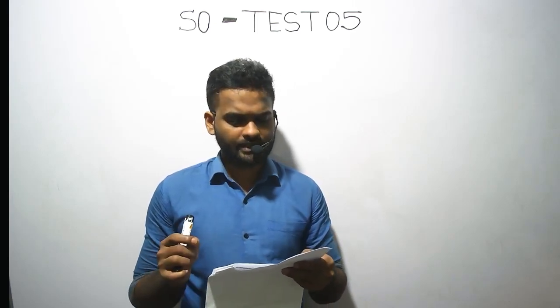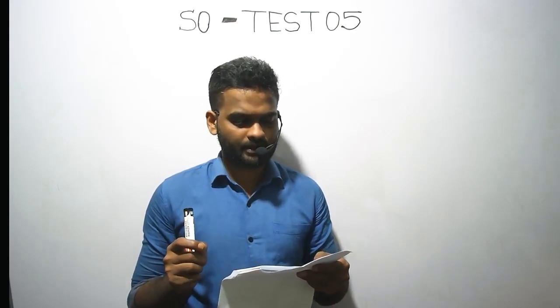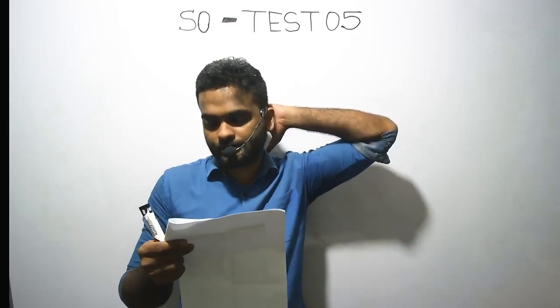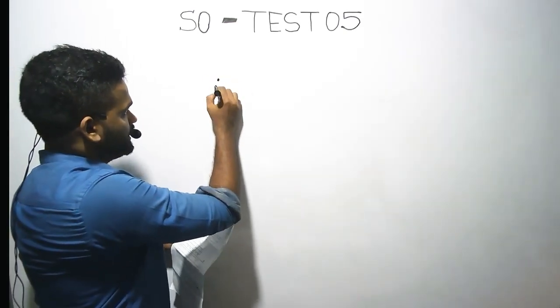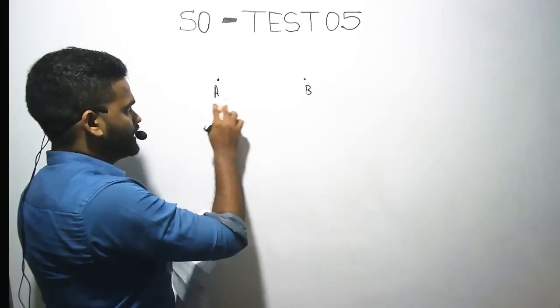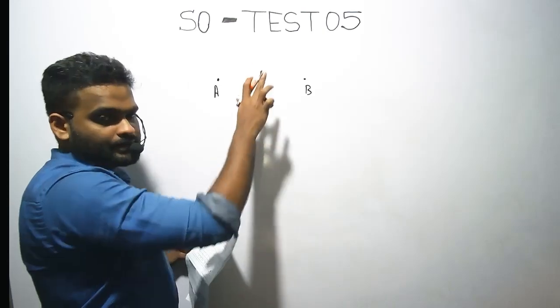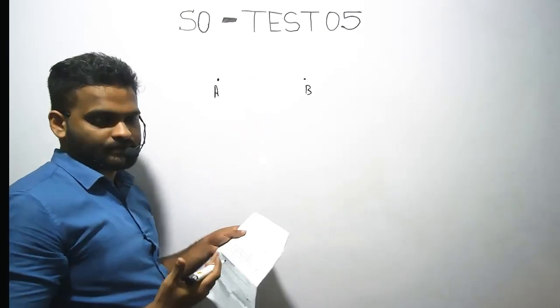Right. Eighth question. Two trains with speeds 40 kilometers per hour, 20 kilometers per hour towards each other. Okay. So train A, train B. I'm not including the length of the trains because they haven't specified any lengths, right?